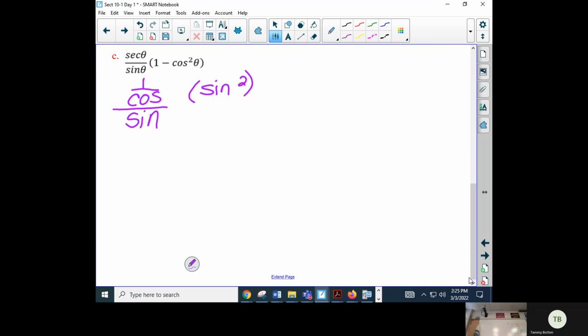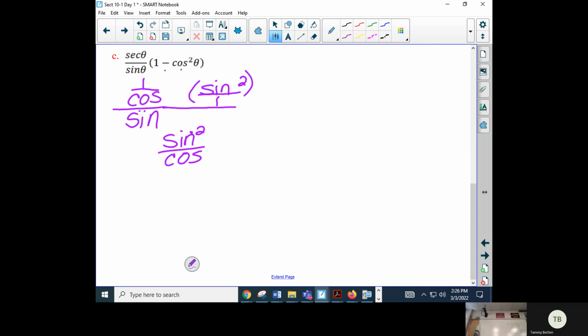You could work on simplifying this, or do you guys get, like, this is really over 1, and I could kind of think of this on the top, and isn't this like sine squared on top, and then cosine on the bottom? I'm just kind of multiplying across the top on both of those.